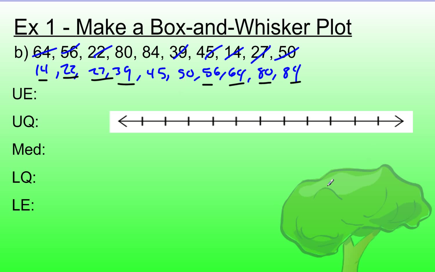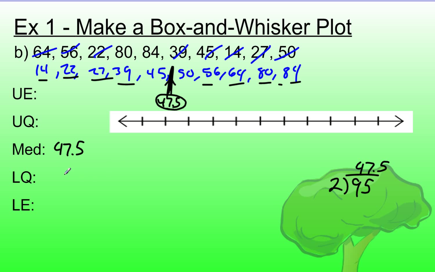So 45 plus 50 is 95, and 95 divided by 2 is going to give us 47.5. That would be right here. So this is my middle number. That's what's breaking this into this half and that half. Each side has the same number of points. 1, 2, 3, 4, 5. 1, 2, 3, 4, 5.